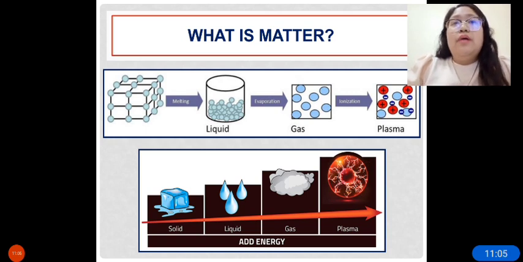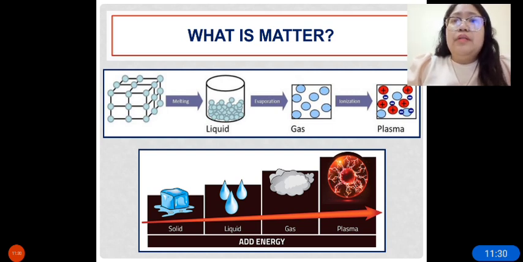Now, how about evaporation? If you add even more energy, or let's say more heat, to that liquid, it can become a gas. Now, that is what's happening when water boils and turns into steam. And we call the process evaporation.